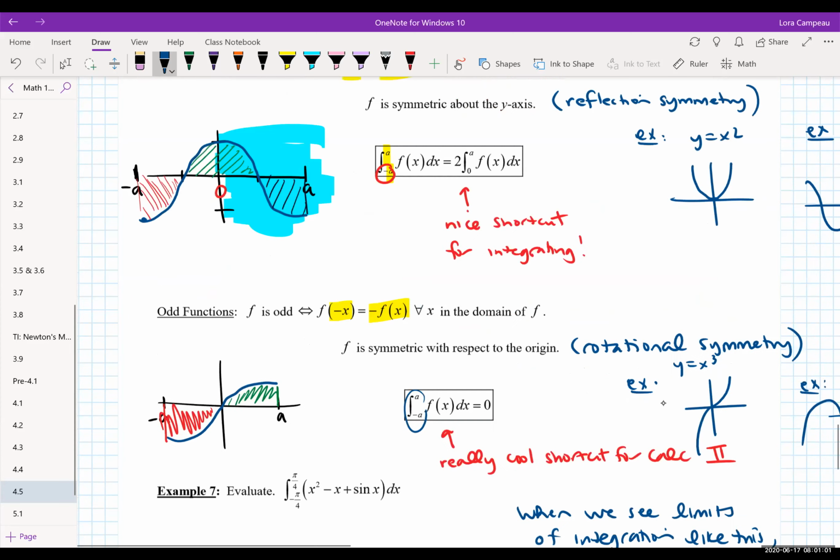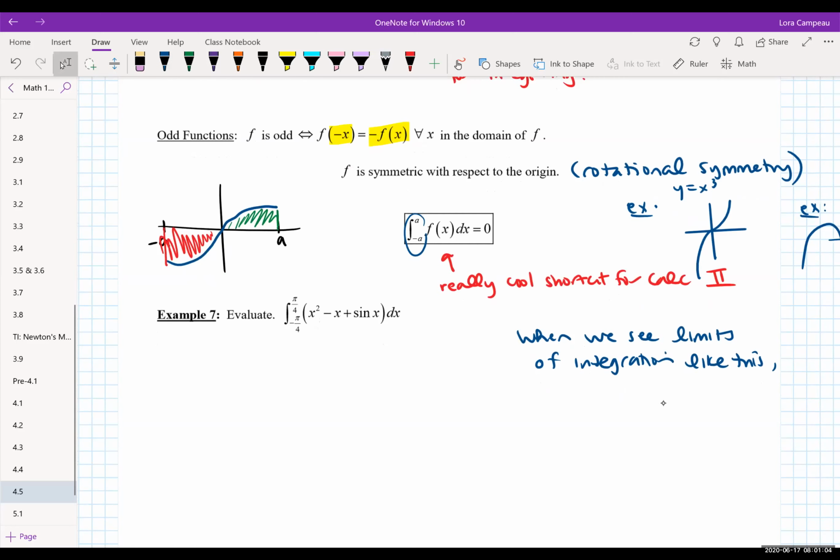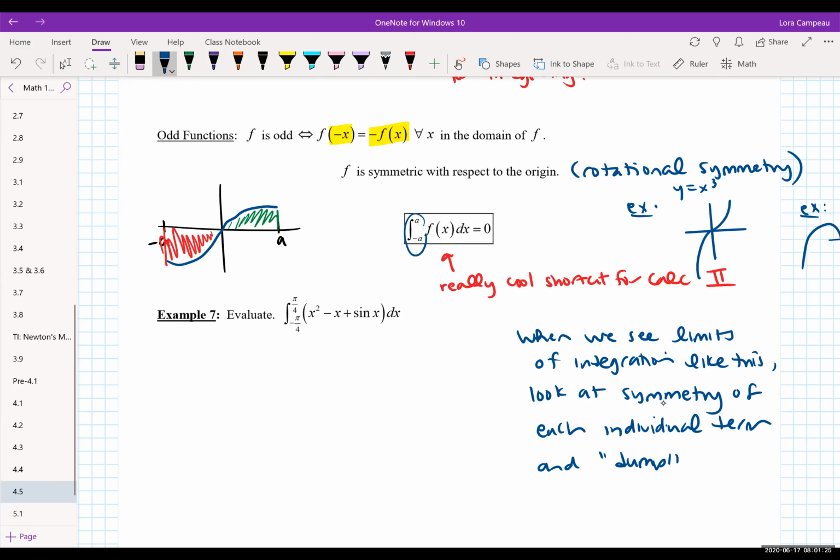You can play around with all of this. Each individual term, and dump the odd functions. I see a lot of trig integration in Calc 2, but we still see it in Calc 1 too.